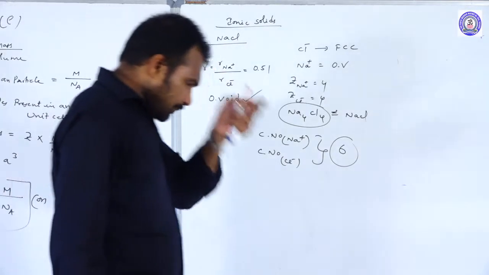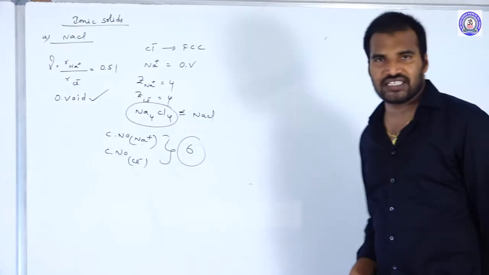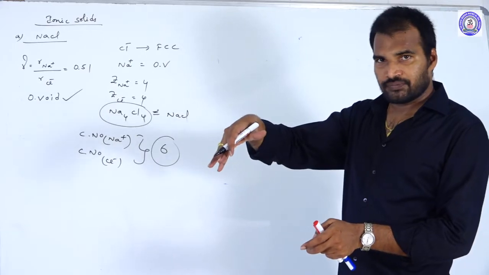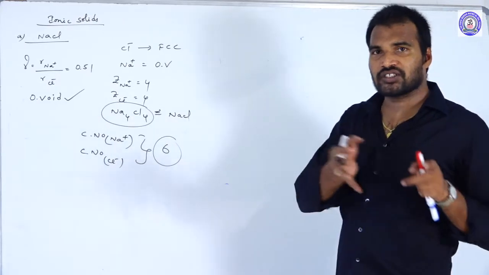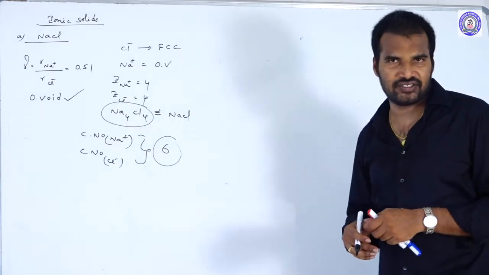Clear? Next, suppose they give you the radius of the Na+ ion and the radius of the Cl- ion. Sometimes they may give you the edge length, and by giving the edge length, they may ask you the radius of the cation and anion. What is the relation between the radii and the edge length?